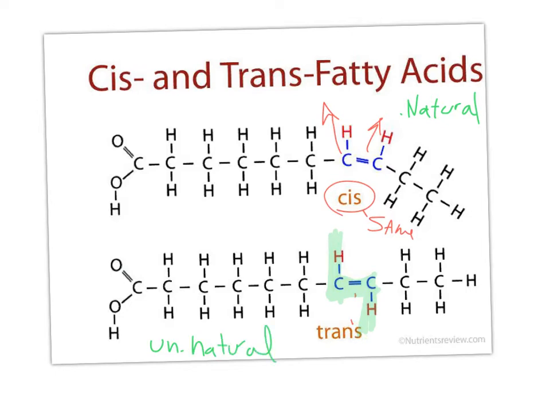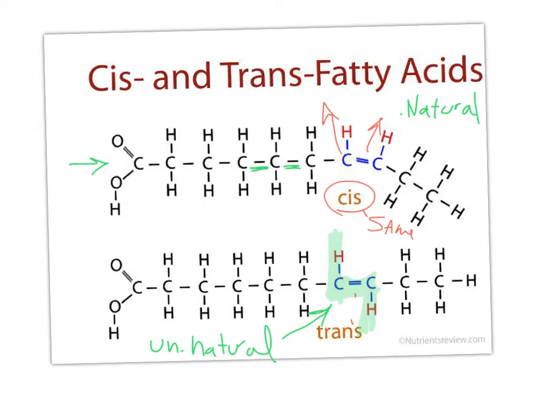And your question might be, well, if it doesn't exist in nature, how do we know about it? And the answer is we know about it because humans have made it. So we will take an unsaturated fatty acid, so we may have what's called polyunsaturated, with a bunch of double bonds in here.